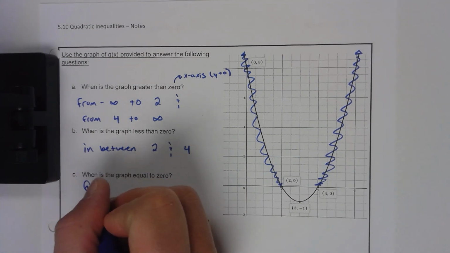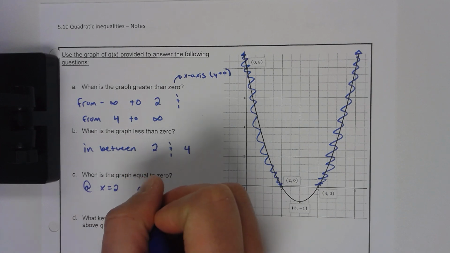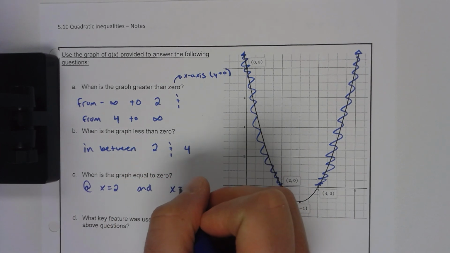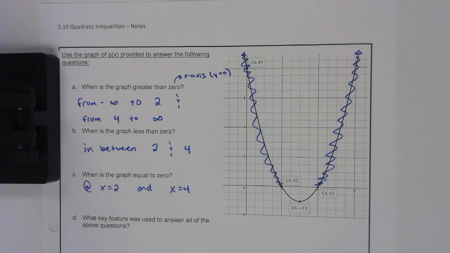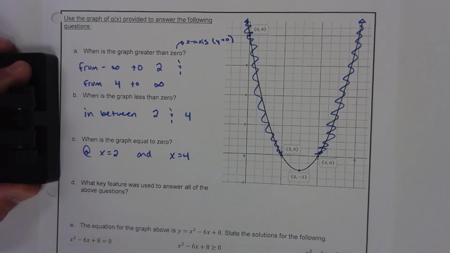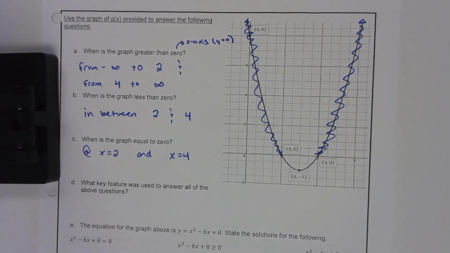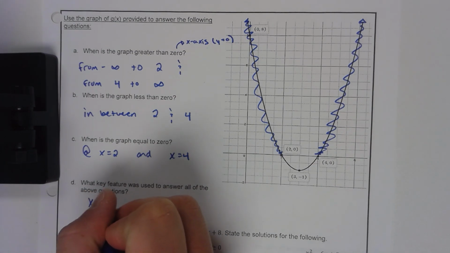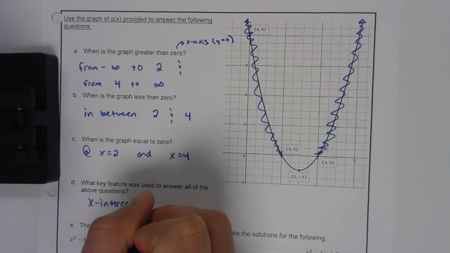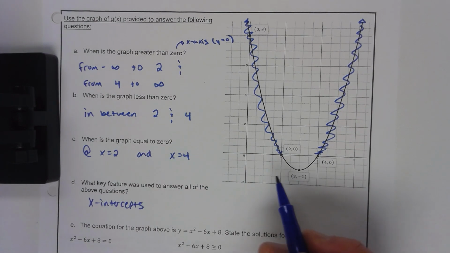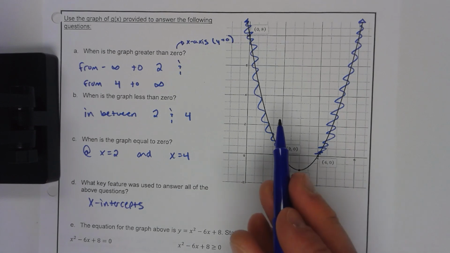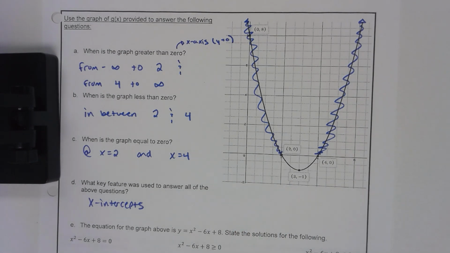That's at x equals 2 and x equals 4. So the key feature that we use to answer all of these questions is we need to know the x-intercepts. The x-intercepts are the points where we switch from being on the x-axis to being above it and or below it.